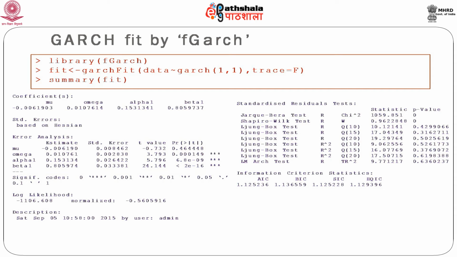The summary will generate the results. As you can see, the results are not the same, they vary across different methods, as there is no unique method. The same way you can get the tests. Here also Ljung-Box test p-values are provided, and it is clear that nowhere is it significant. So there is no evidence of non-normality in the residual. So the fitting was quite good. AIC is also provided, 1.25.